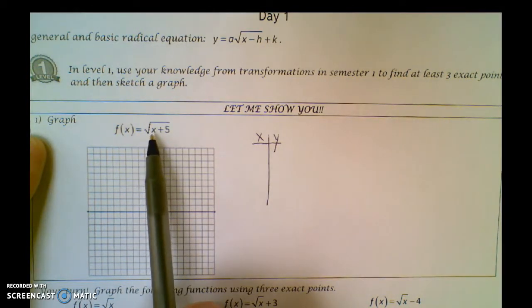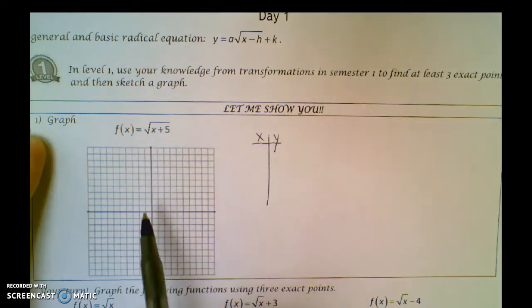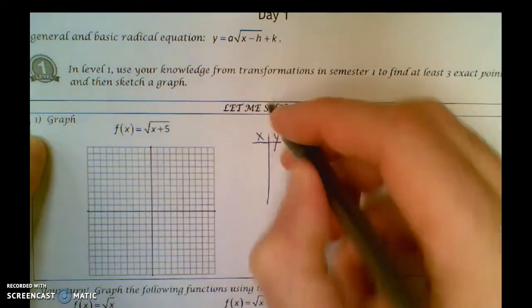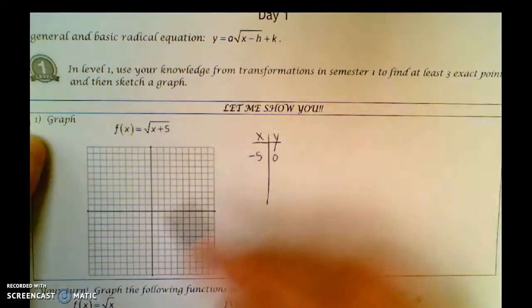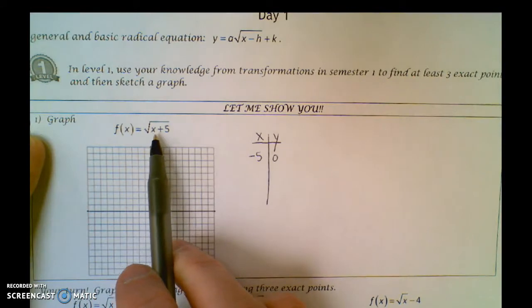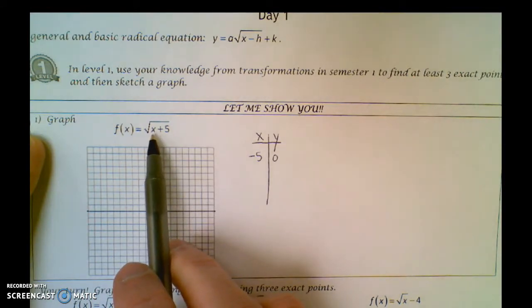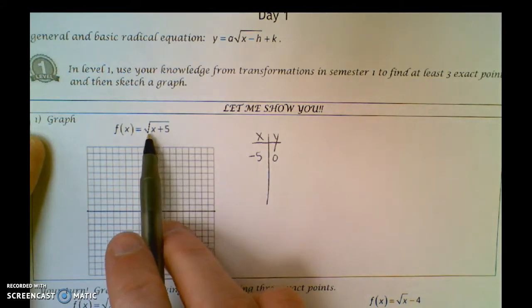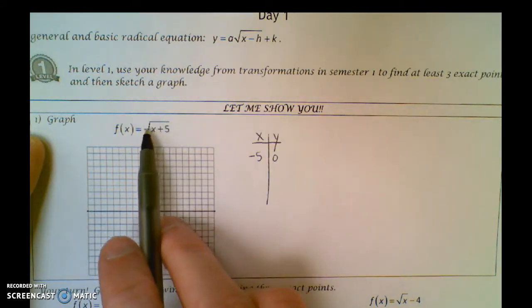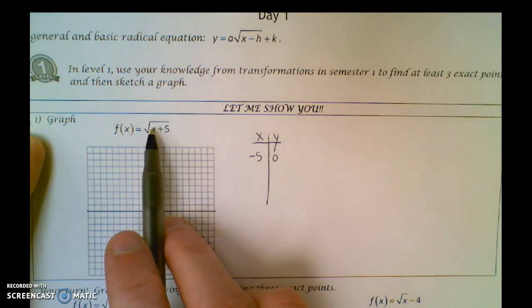Let's take a look at what happens with this graph. I know when I shift 5 to the left, that's going to give me 0 as my output. So I know if I plug negative 5 in for x, 0 comes out. That's the vertex, or the point where we know that we can shift our graph to. Since we're dealing with a square root, I want to plug in numbers for x that are going to give me nice numbers that I can graph.